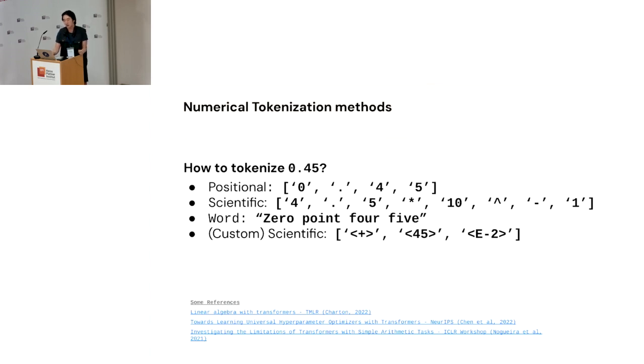So for example, you can represent scientific notation as this instead, where you have a custom plus token, a custom mantissa token, etc. And you can also normalize and bin, right? You make every floating point number go between 0 and 1, and then you bin it between 0 and 1,000. And so, for example, 45 here represents, I think, 0.045 in that binning context.